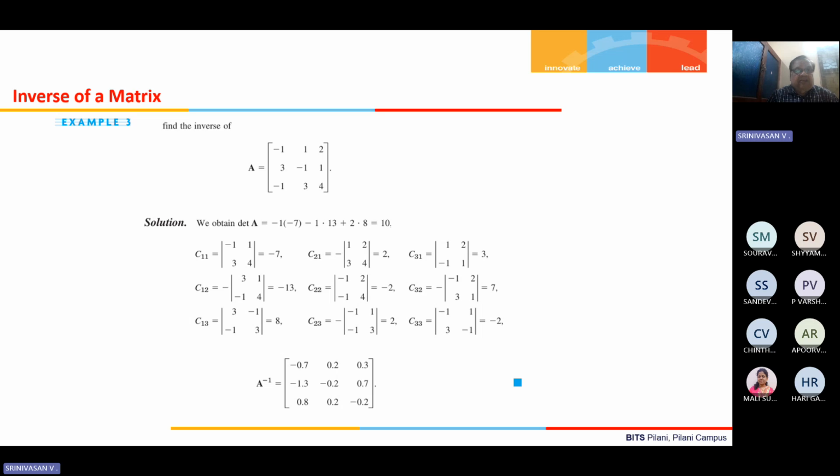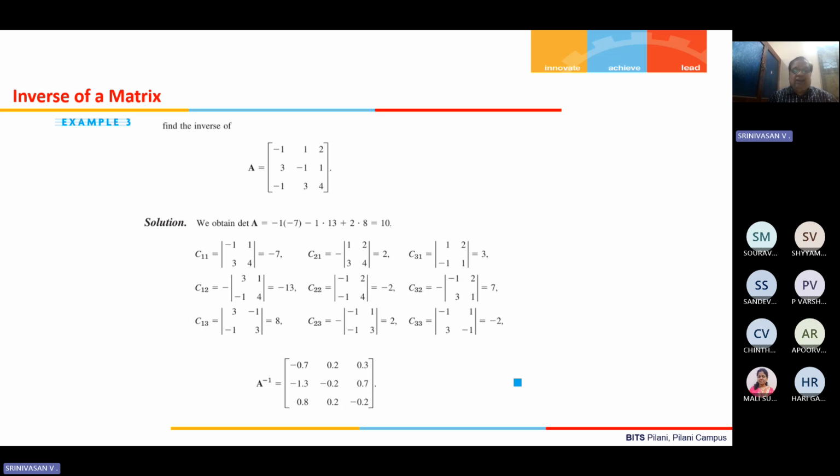For that, as I said before, you need to find the cofactor of each of the elements. So C11 means the cofactor of -1, the first row, first column element, which is nothing but the remaining determinant. For a minor, it is just the expansion of the determinant only.